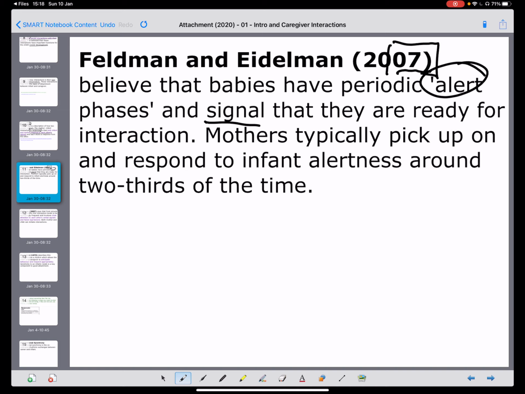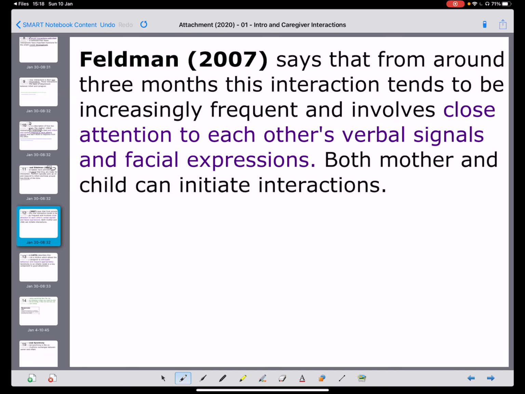And it says the mother typically picks up and responds to the infant around two thirds of the time. So it is possible that mothers, even attentive mothers, don't always notice that the baby is ready and alert. Okay, Feldman goes on to say that from about 3 months, it becomes more frequent.